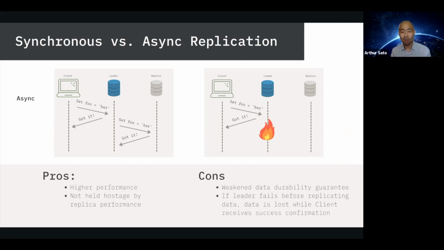But we're weakening our guarantee of data durability. If the leader were to receive that write and respond successfully, but then for some reason go down afterwards and not replicate the data, we'd have inconsistency between the replica's data and the leader's data.